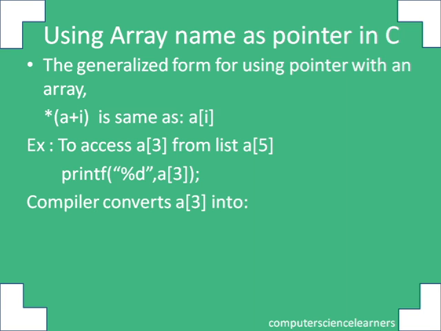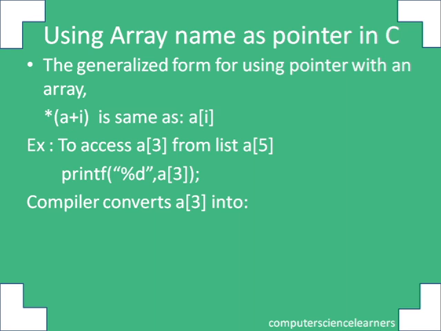But here the problem is this type of writing, a of 3, a of 4, a of 5, is not understandable by our compiler. So the compiler converts it into different forms so that it gets access to that particular element.